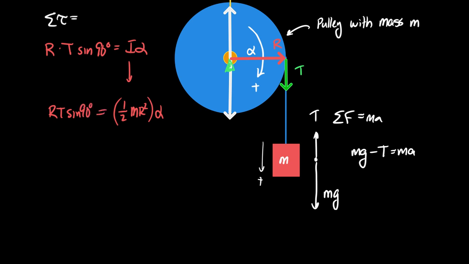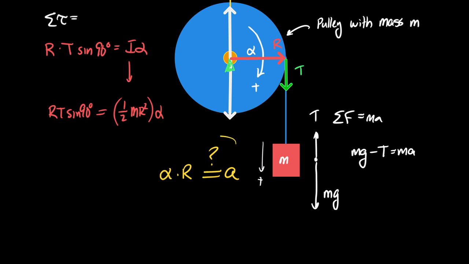Now, we didn't finish, but there's one thing I need you to write down. You have to ask yourself at this point, is the acceleration of your box connected to the acceleration of your pulley? Does the rotation of the pulley connect with the acceleration of the box? Does one rotation of your pulley mean your box moves one circumference?